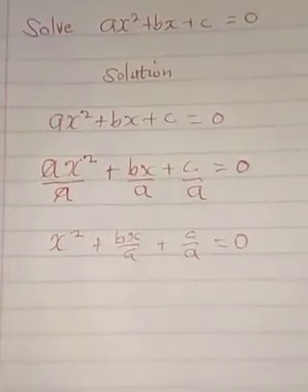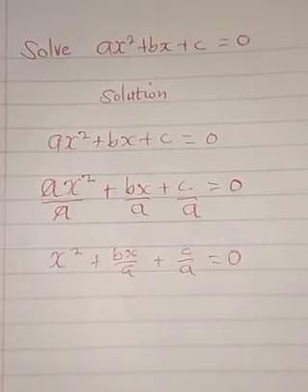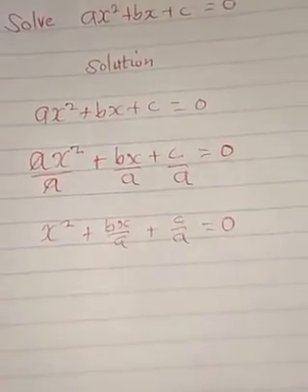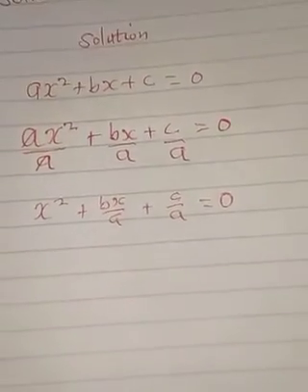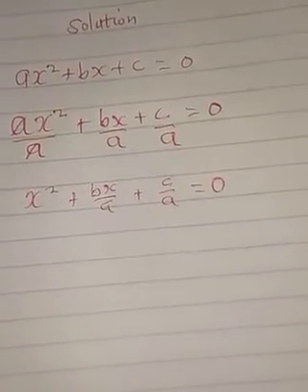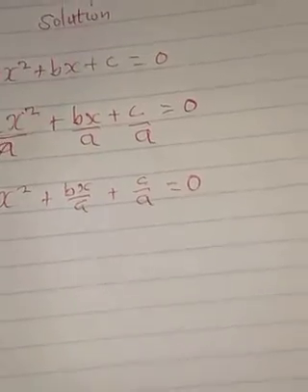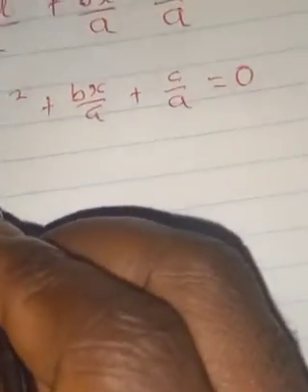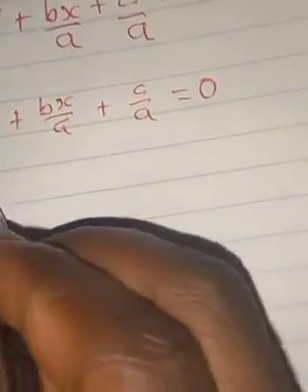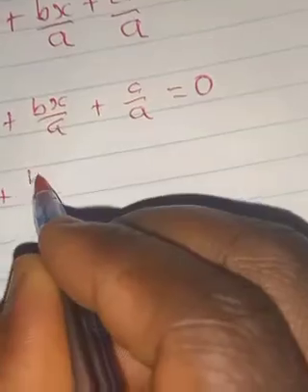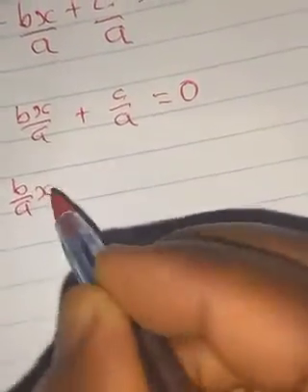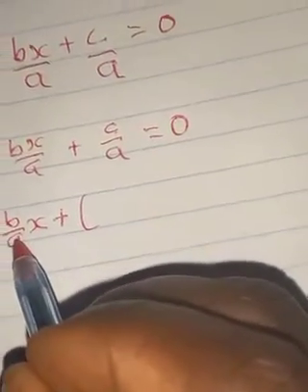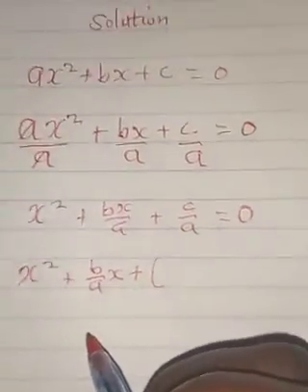Another rule is saying that you have to find half of x, not x squared, half of x. You square it, you add and deduct from both sides. So we have x squared plus, say, b over a x plus half of b over a.